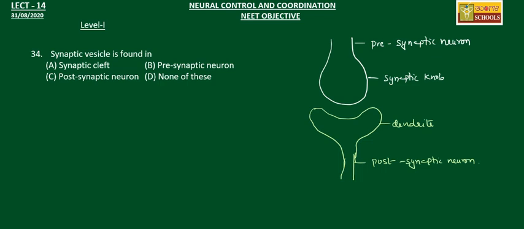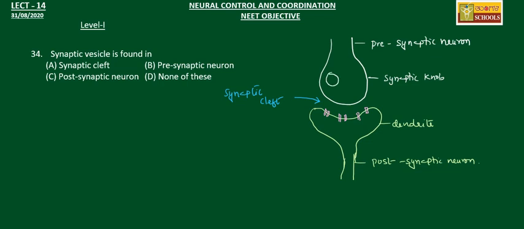So you can see here the postsynaptic neuron will have receptors for those neurotransmitters, and a small gap that exists between the pre and postsynaptic neuron is called synaptic cleft.